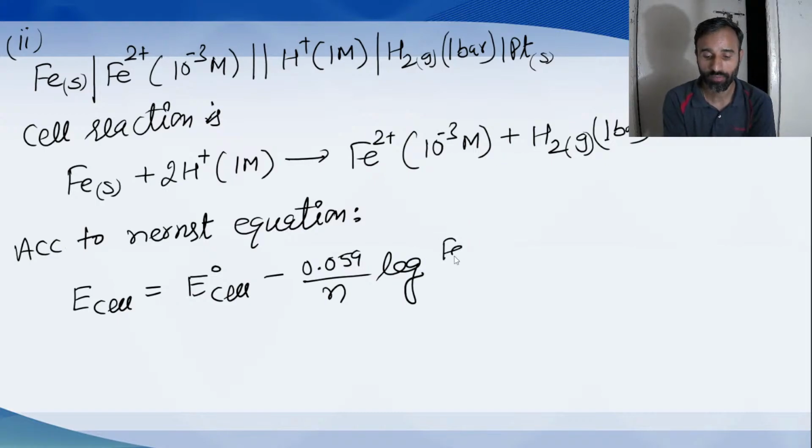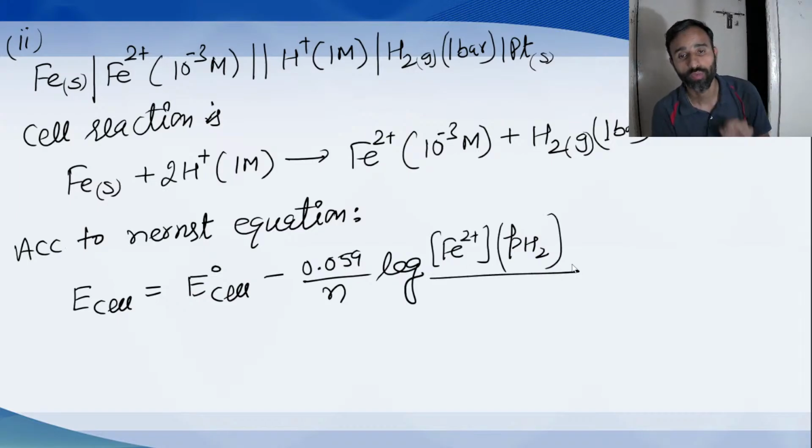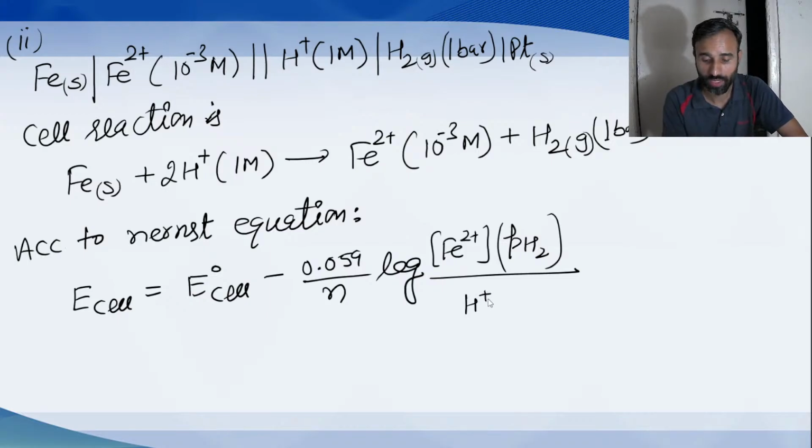In product, Fe2+ is given, so Fe2+ concentration. Hydrogen is given as a gas. If gas is present, just write its pressure. Pressure of hydrogen divided by Fe solid, no need to write, H+ raised to power 2. So this is the Nernst equation.